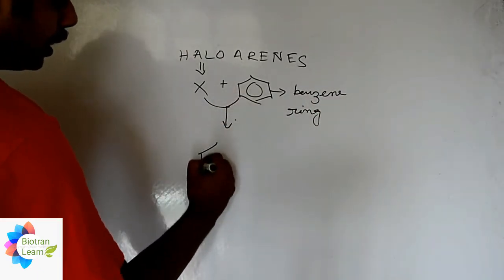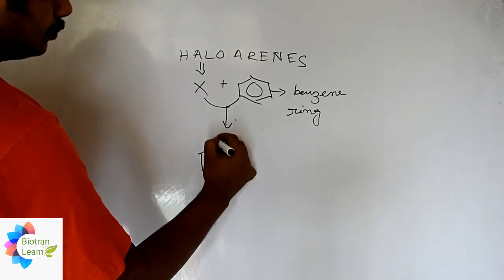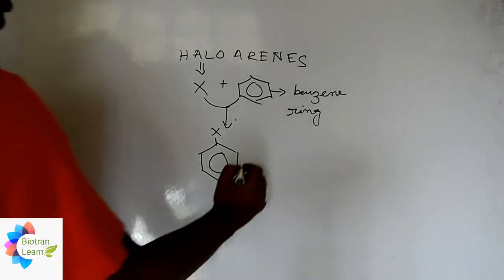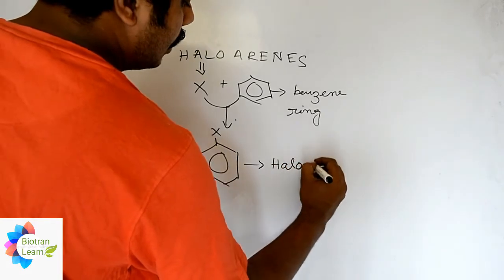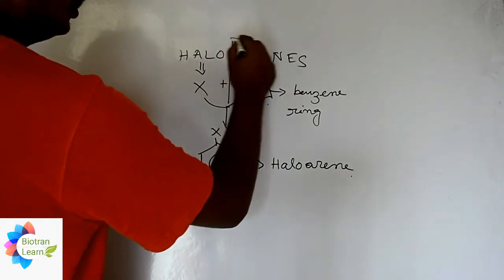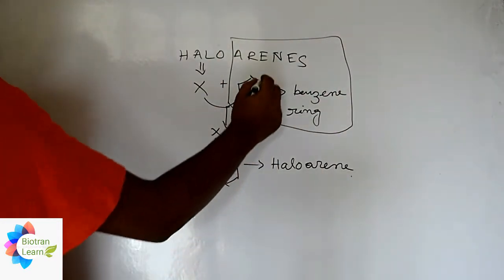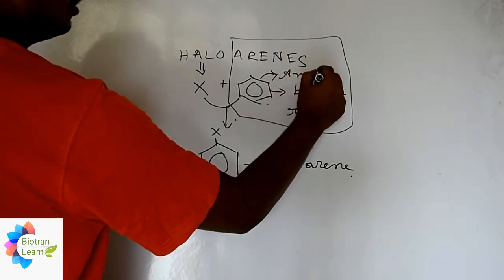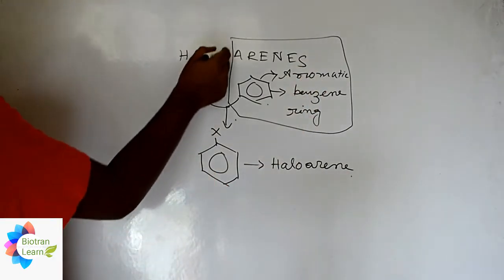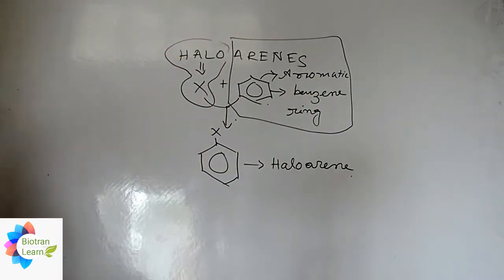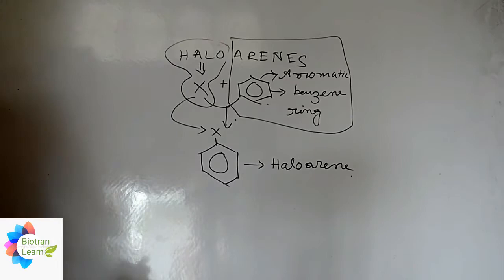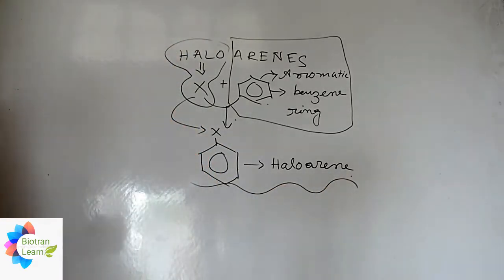These two will combine to form a particular structure like this one. This will be known as haloarene. Halogen plus aromatic group, arene. So this is the portion of arene which is brought out from a particular aromatic group, and this halogen portion will be brought out by a single elemental halogen, right? So this is how the haloarene is formed.